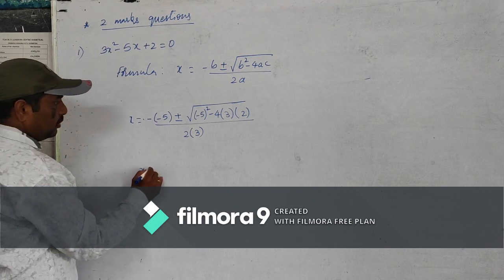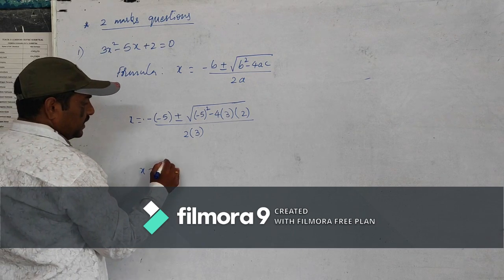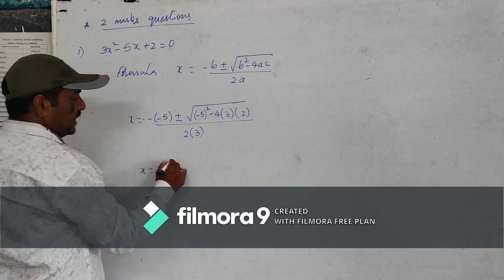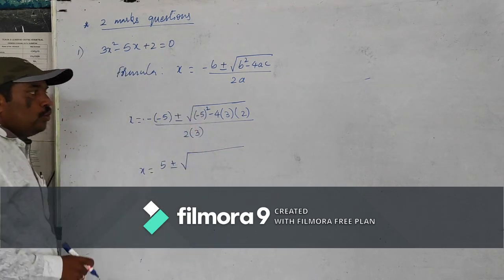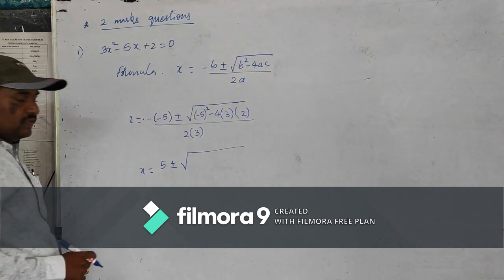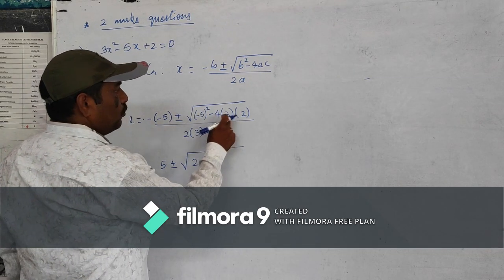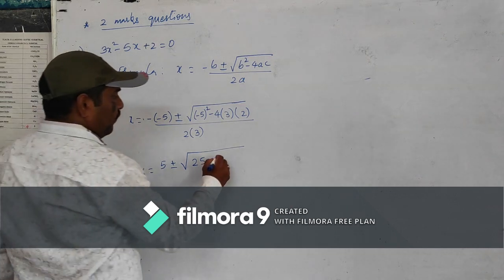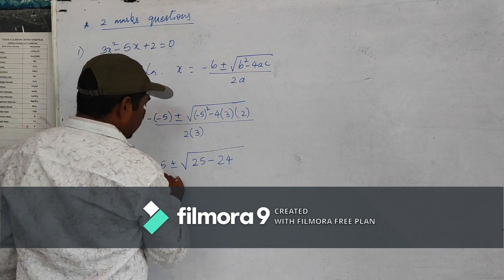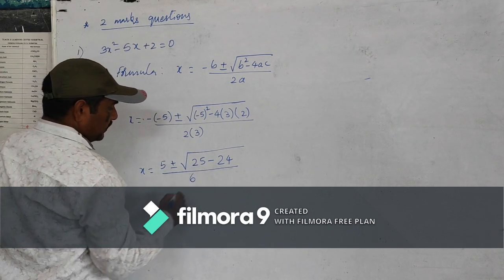Now x is equal to minus into minus plus, so it is plus 5 plus or minus under square root minus 5 whole square. Minus 5 whole square is 25 minus 4 3s are 12, 12 2s are 24, divided by 2 3s are 6.